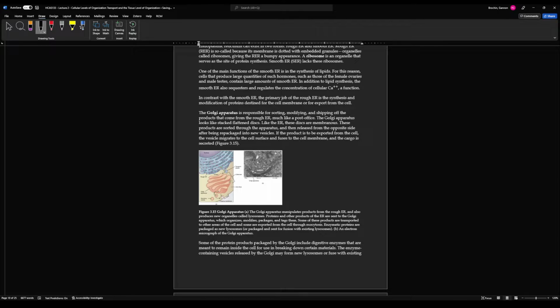Now, the Golgi apparatus, on the other hand, can kind of be thought of like the post office. It modifies and ships products. These products often come from the endoplasmic reticulum. Now, the Golgi apparatus also can package these things into vesicles, and these vesicles can have exocytosis occur to them.